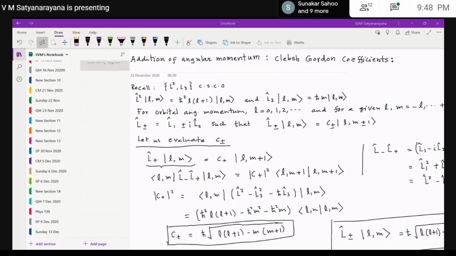Any other question? I think some of you said this addition of angular momentum was not done, or you have not learned it earlier.